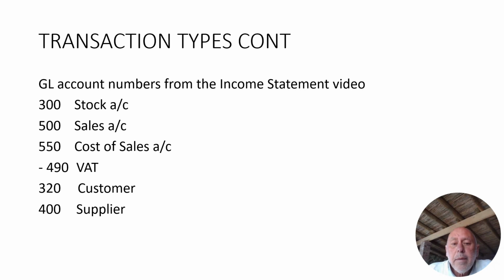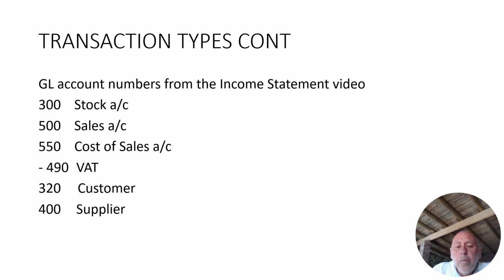So what I've done here is from the income statement video earlier that I've done, I've created the trial balance just to show you the balance sheet and the income statement all in one and all in balance. And I'm using the same stock, same account numbers as I had in that trial balance from before.